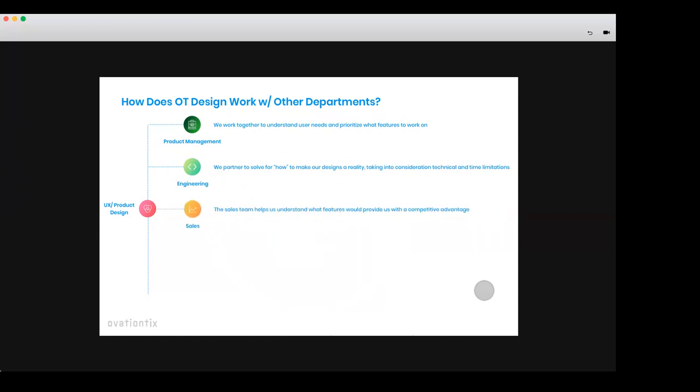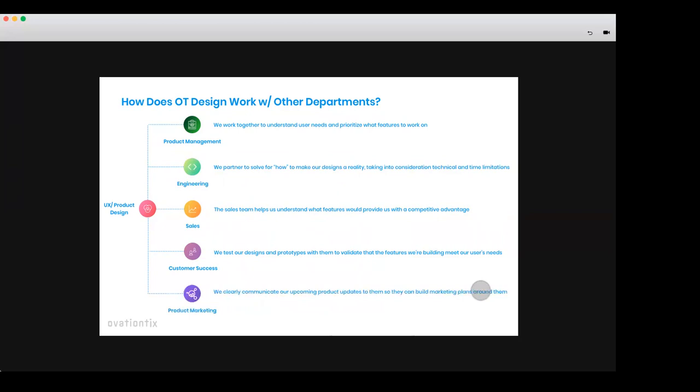We also work with sales so we can understand the new features that that could give. And of course, we work with customer success by letting them be the first adopters of our early prototypes. And product marketing. We also work with product marketing to communicate our upcoming product releases and updates.